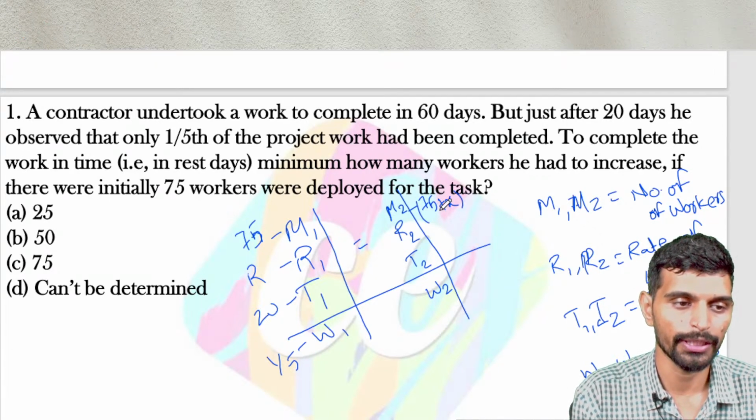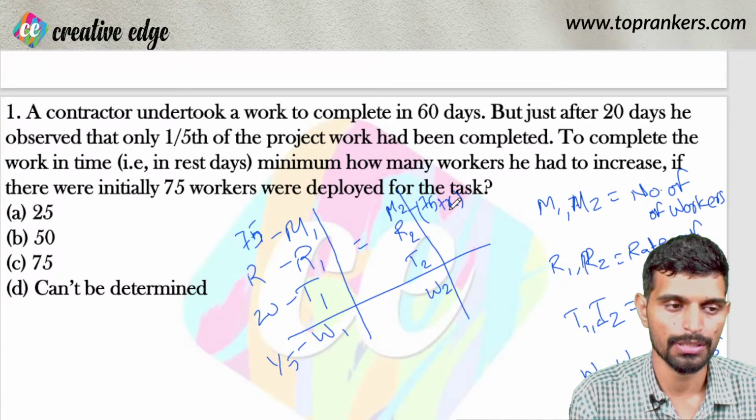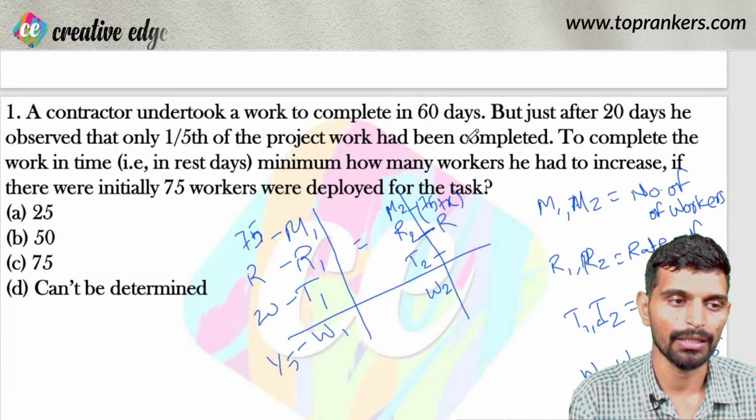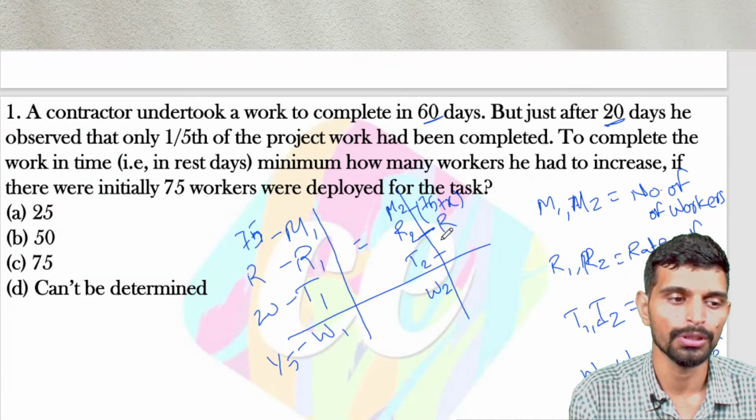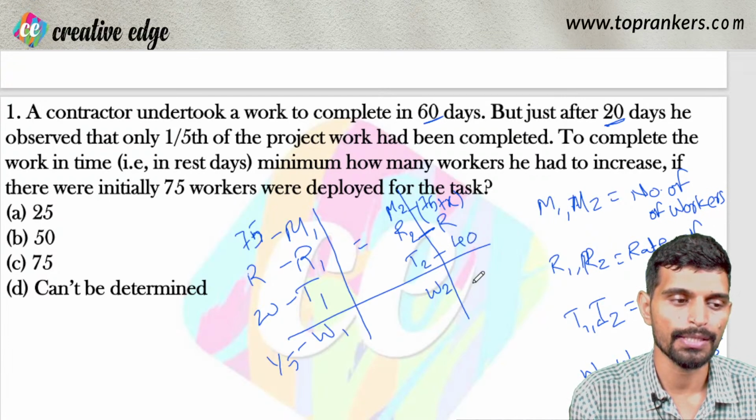That's why we are considering 75 plus x, because x is the number of increased workers. If rate is not given, consider it as constant, that is R. And time, total time was 60 days, but 20 days have already been used, so remaining time is 40 days, and the amount of work to be done is 1 minus 1/5, that is 4/5.